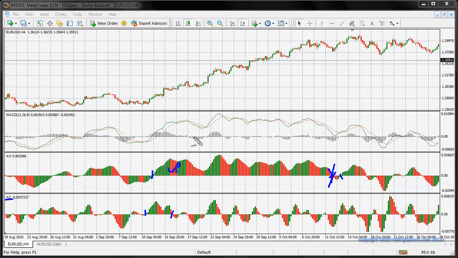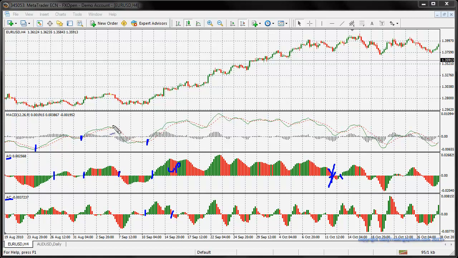So what we can do is use similar areas that we used for the accelerator oscillator with the awesome oscillator instead. What we could look at is essentially where these crossovers appear, and you want them to line up basically where these areas cross.